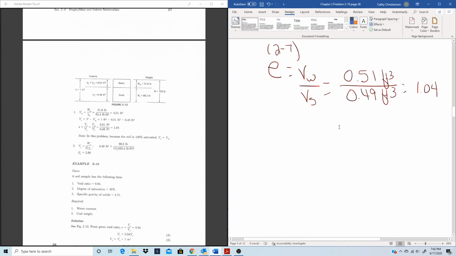All right, so we just solved for that. Now it wants specific gravity. This is when I'm going to use the formula that's in your book or on this sheet, which is equation 2.15.